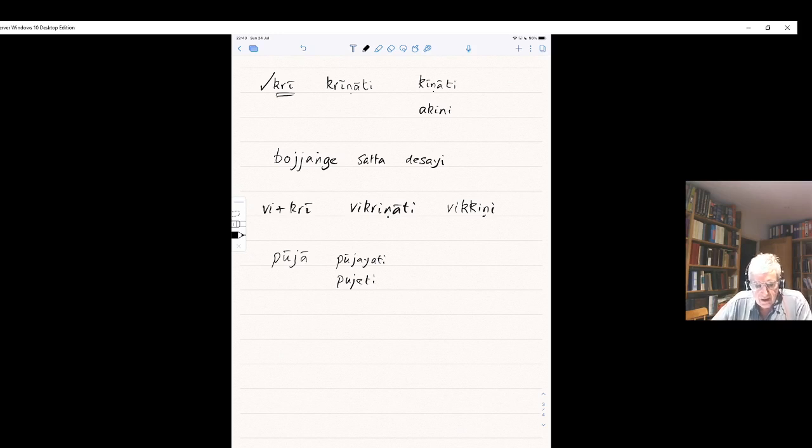Sentence number 3, I climbed the mountain. So aham pabbatam aruhim. Aruhati, he climbed; aruhim, I climbed. Aham pabbatam aruhim. I lit the lamp, aham deepam jalesim or jalayim.